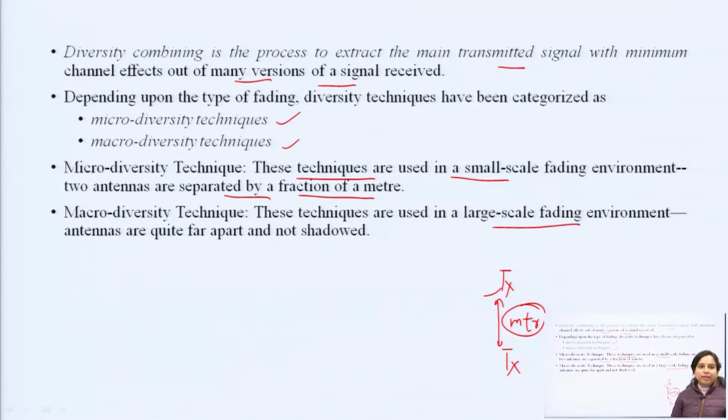Small scale fading means the distance between the transmitter and receiver is quite small, and diversity means the signal is being received from different paths. In macro diversity, antennas are quite far apart and not shadowed, which means the distance between two or three antennas will be quite large as compared to micro diversity.